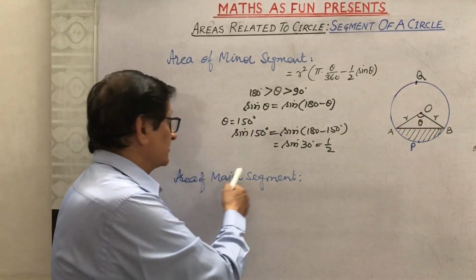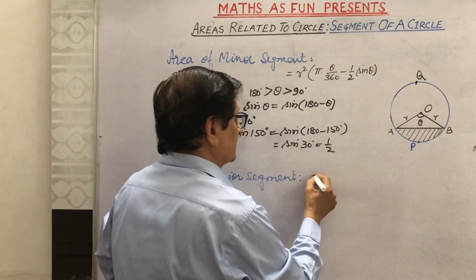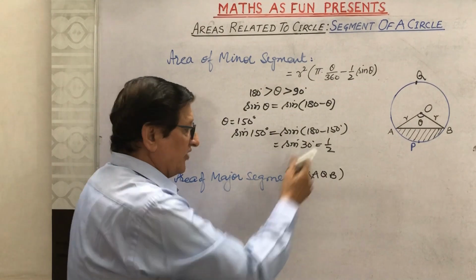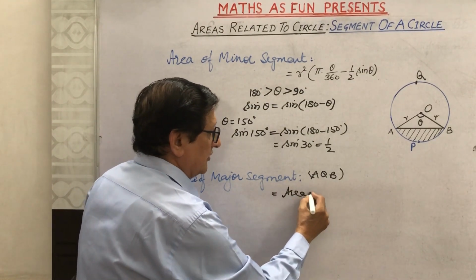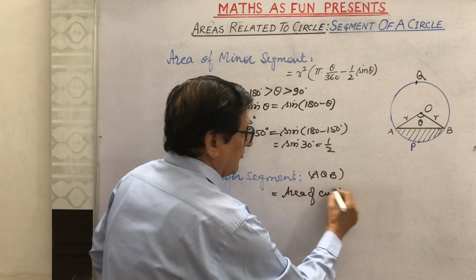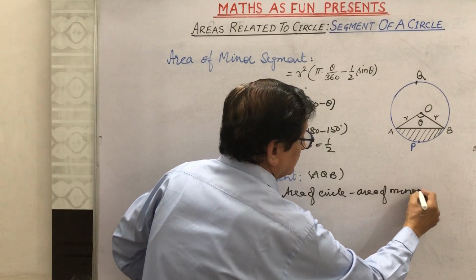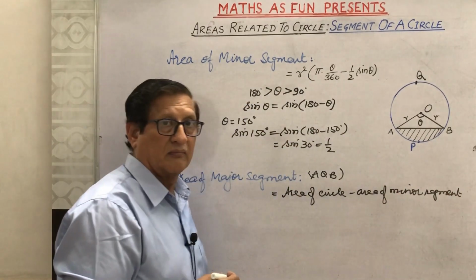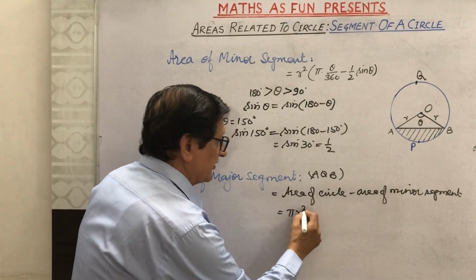Now, how to find out the area of major segment? Suppose you want to find out the area of major segment AQB. Can we say that this will be area of circle minus area of minor segment or not? The area of circle is pi r square we know.